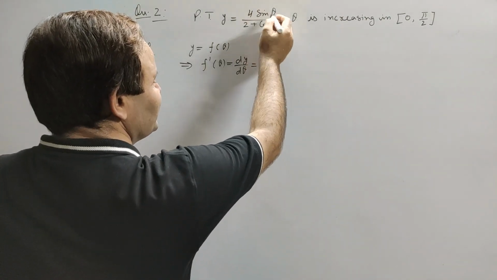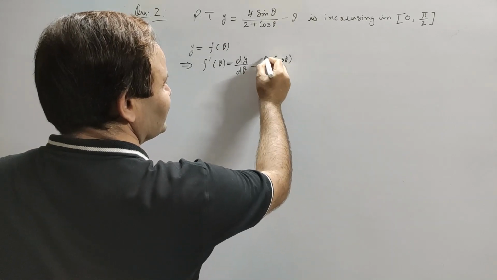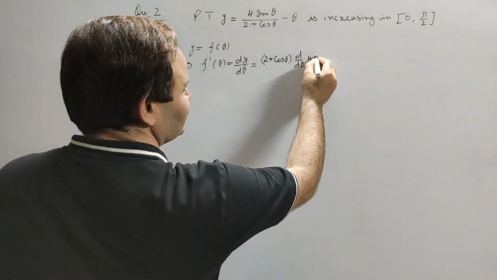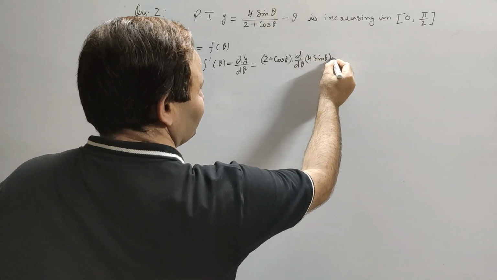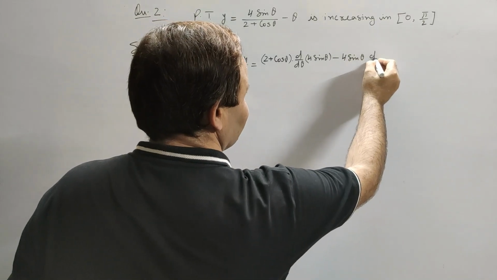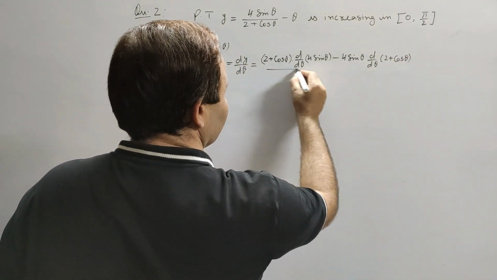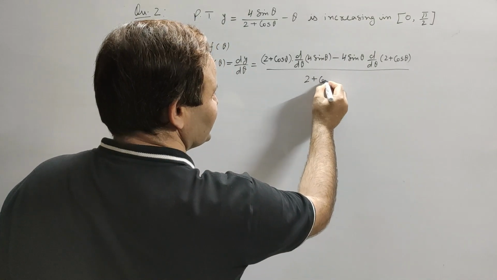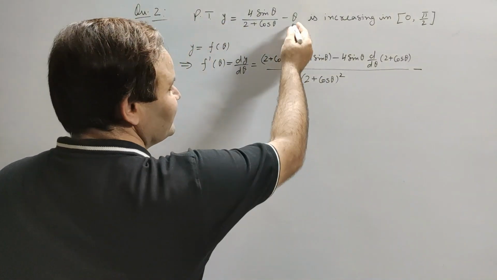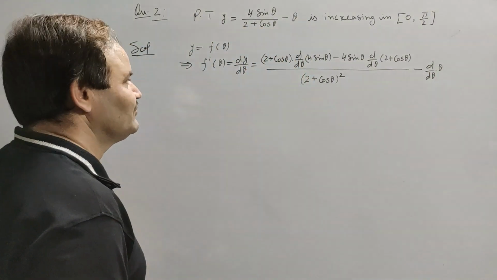So for differentiating the first term, the denominator 2 plus cos theta as such into differentiation of 4 sin theta minus 4 sin theta, that is the numerator as such, and differentiation of 2 plus cos theta, divided by 2 plus cos theta whole square, minus d by d theta of theta, and d by d theta of theta will be 1.